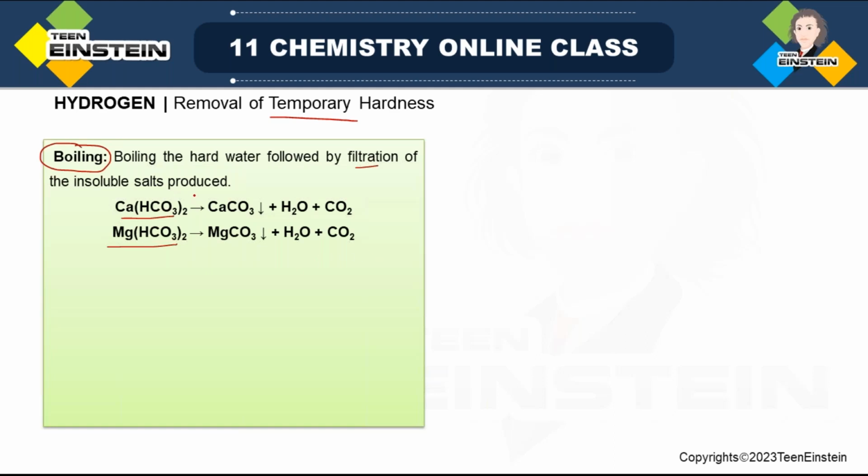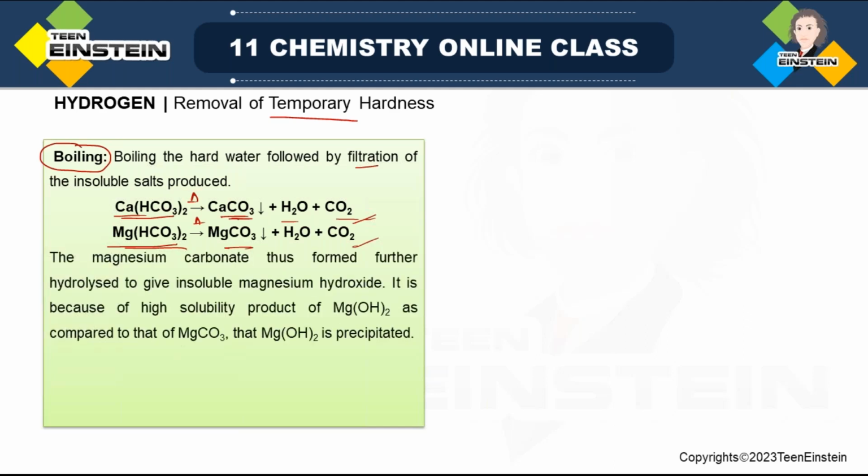If you boil it for a long time, the bicarbonates decompose, and from bicarbonate you now get carbonate, forming calcium carbonate and magnesium carbonate, and also water and CO2. CO2 is a gas and is easily removed, and the two carbonates will be precipitated. So you can easily filter and you will get soft water back.